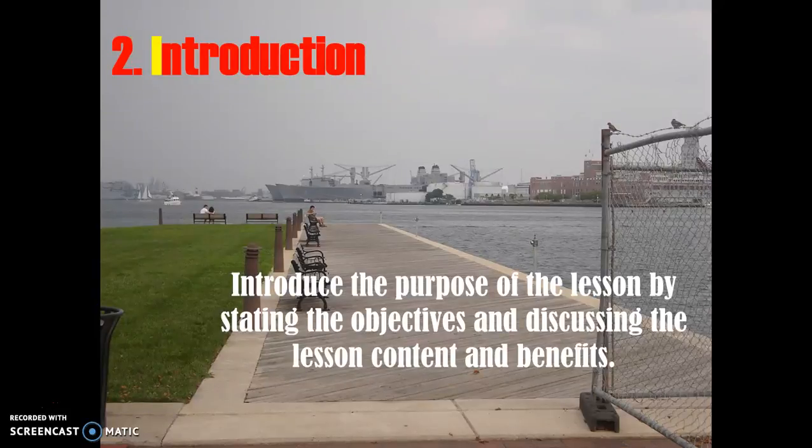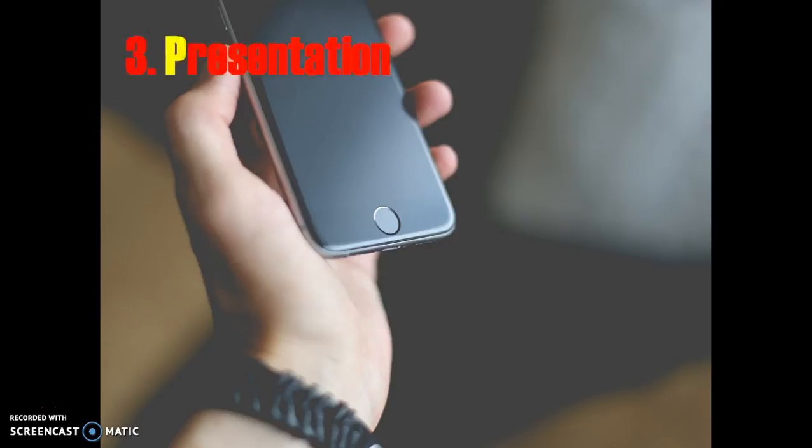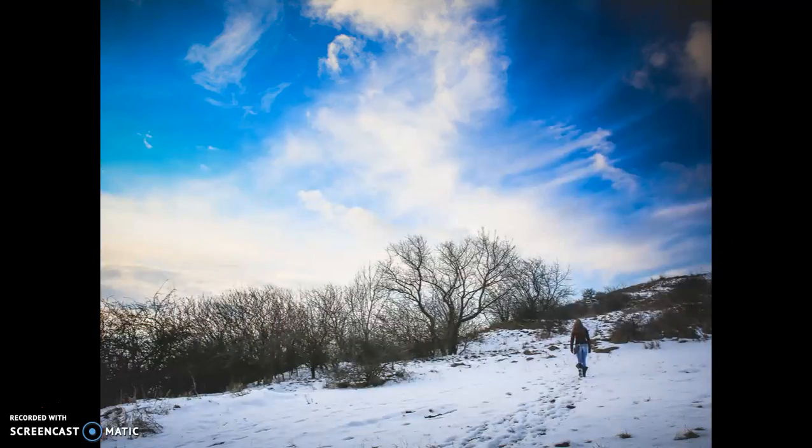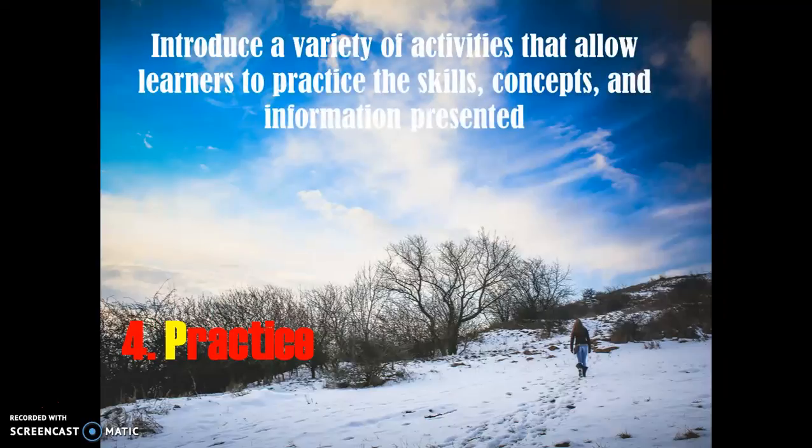In the introduction, you need to provide a broad overview of the contents and concepts to be taught, and focus the learner's attention on the new lesson. And in the presentation, you can teach them the lesson, content, and concepts. You can create an activity to introduce the skills to a variety of modalities using visuals, realia, description, explanations, and written text. And also here the practice section.